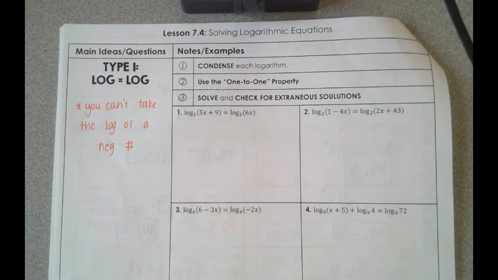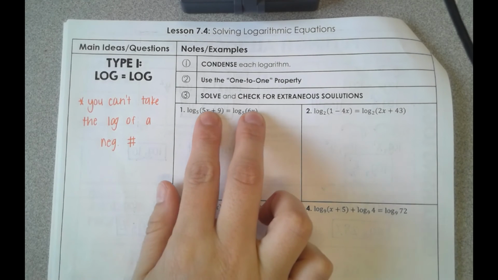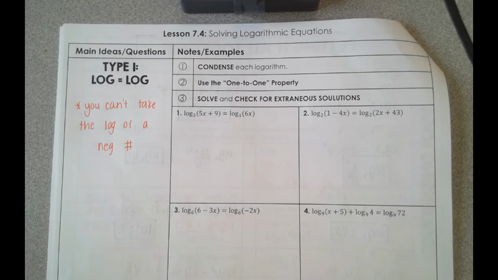So when we solve these, first of all, we have to make sure that both sides of the equation are completely condensed. So in 7.3, we did properties, where we talked about when you add two logs, subtract, all those properties. We have to make sure each side is condensed. And then, as long as the bases are the same, you can set what's in the parentheses equal to each other.